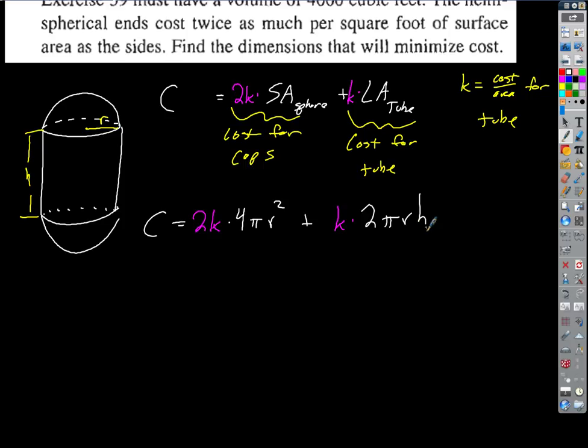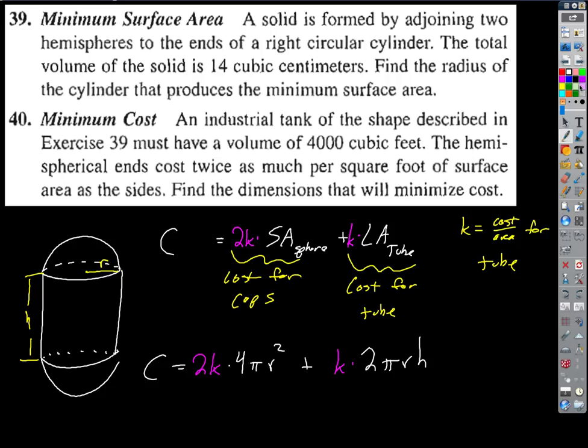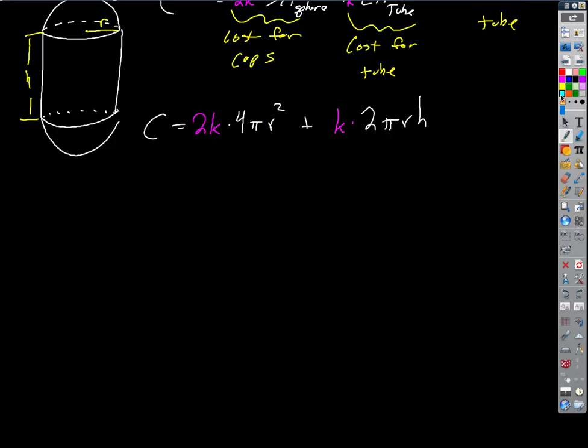Okay, what's the problem there? Two variables. We need an equation of constraint, but we get one, right? Where do the numbers show up? Ah, there we go. We get the number: it must have a volume of 4,000 cubic feet. Well, what's the volume of this shape? It could be the volume of the cylinder plus the volume of the sphere, right?